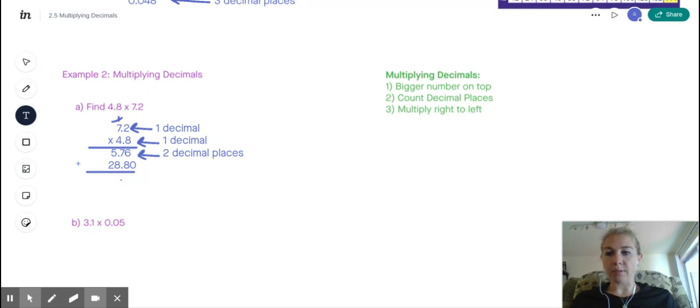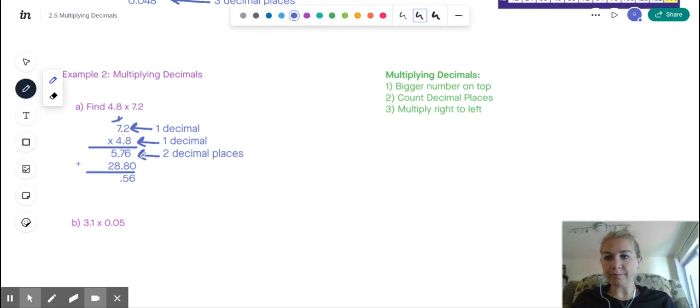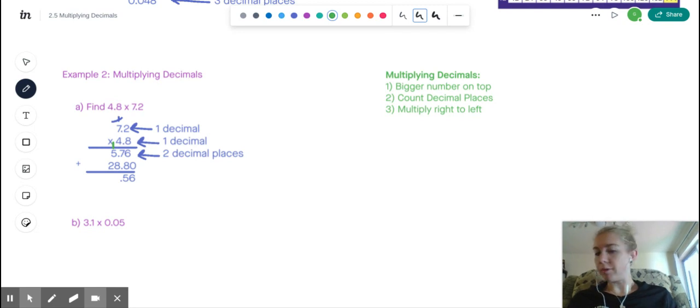So we're adding 6 plus 0 is 6. And then 8 plus 7 is 15. So my 5 goes down below, and I'm going to carry a 1 on top. And then 8 plus 5 is 13, plus 1 more is 14.